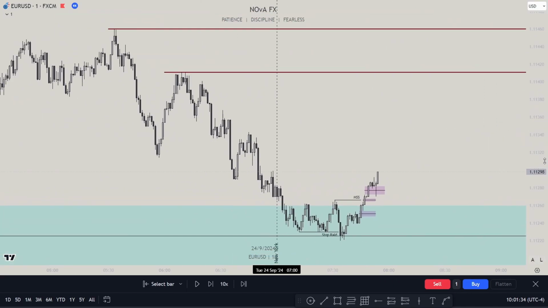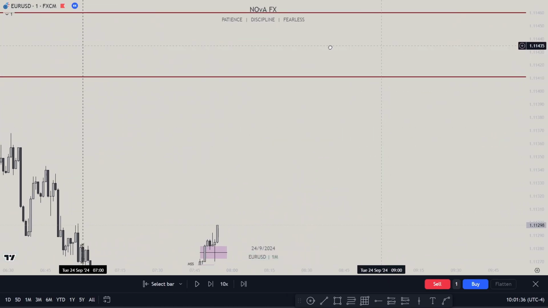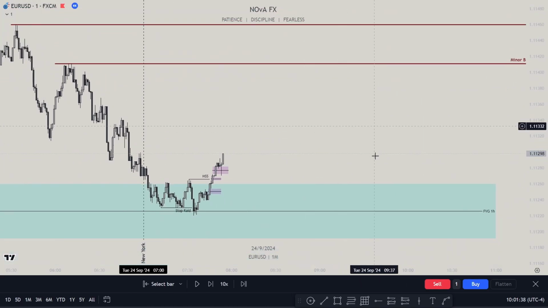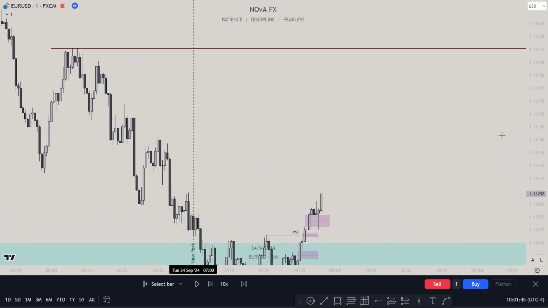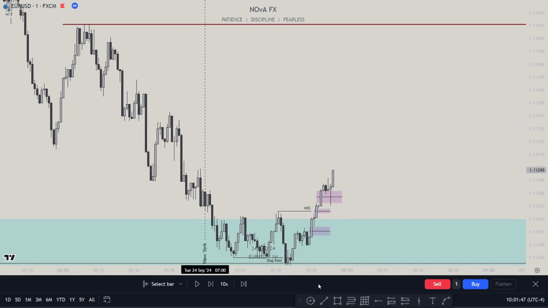But I usually don't plan till here, because there will be a lot of retracements here. It's going to go up, then down, up, down, up, down, up, and then up. So I just take my partials around this level, and I take my full trade on this level.